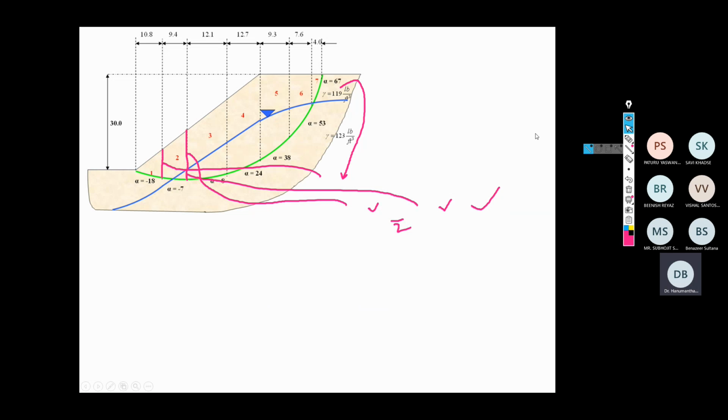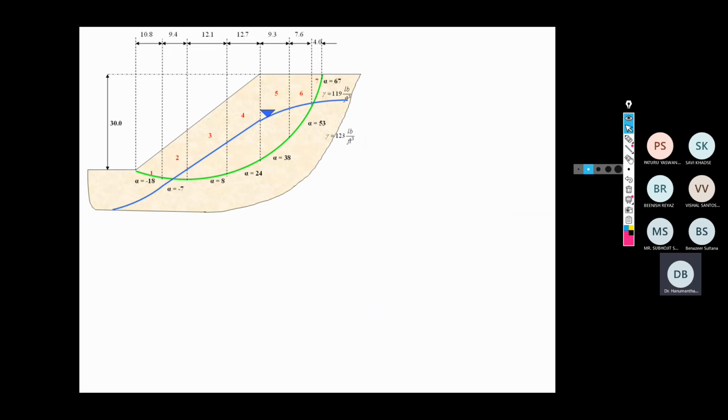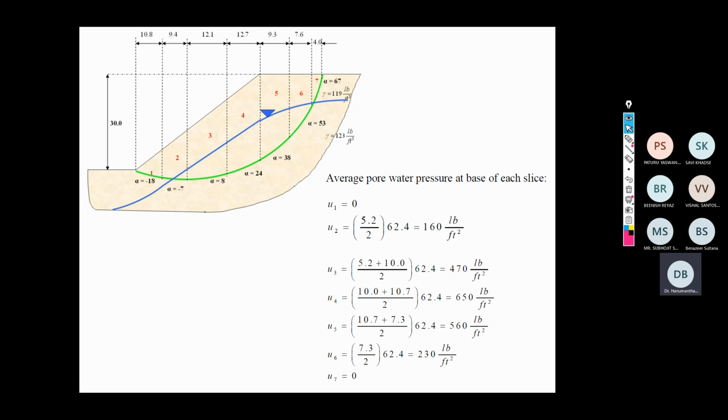Okay. Can I go to the next slide? Now let's see how they have calculated the pore pressure parameter. On slice number 1, there is no pore pressure, that is U is 0. On slice 2, the approximate height is 5.2 multiplied by the density, that is 62.4. Same repetition.